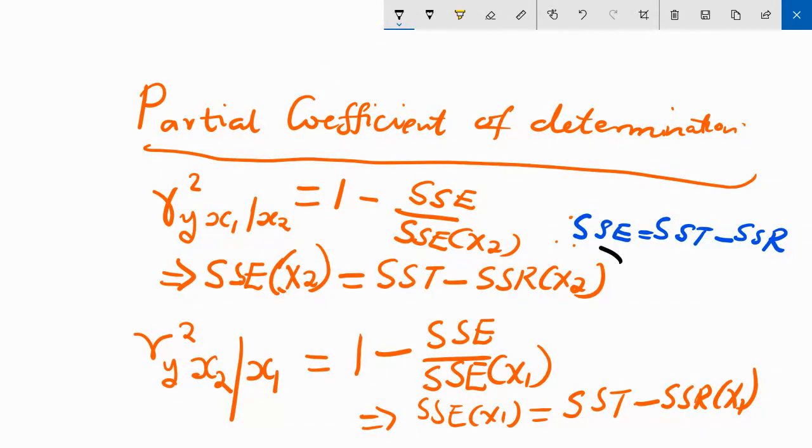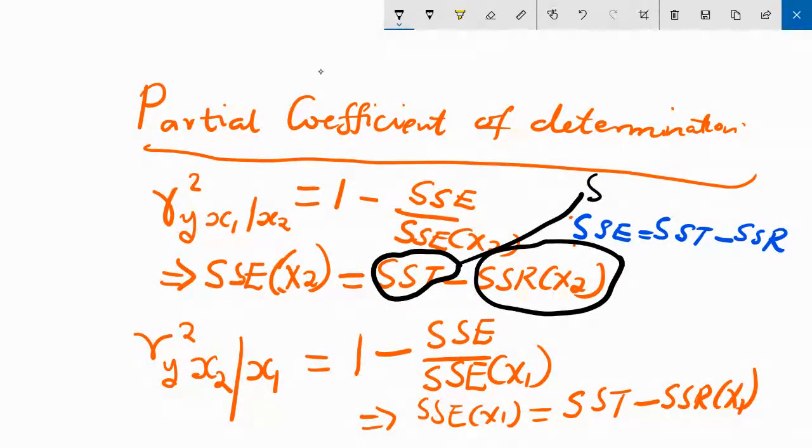You have this part even from the overall ANOVA table, because SST you told me is 23.73.